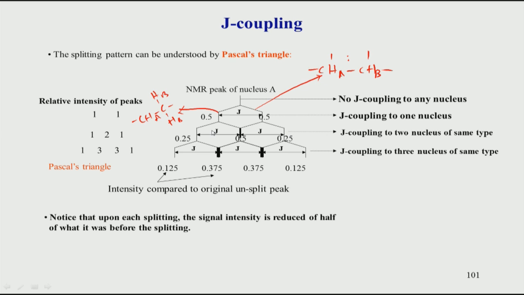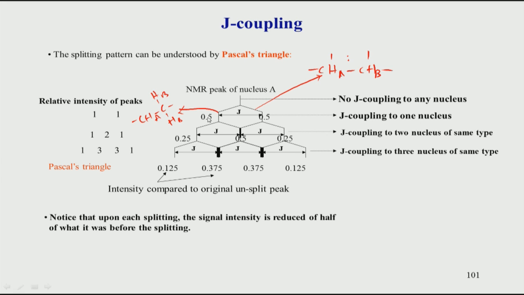But what happens is, because the values are the same, that means the J of HA to HB is the same as HA to this other HB, therefore this J is the same. So, when you draw a line from here and a line from here, the distance between these 2 is J, and the distance between these 2 is also J, then the middle lines collapse, they join together. When they join together, they add up in their intensity.